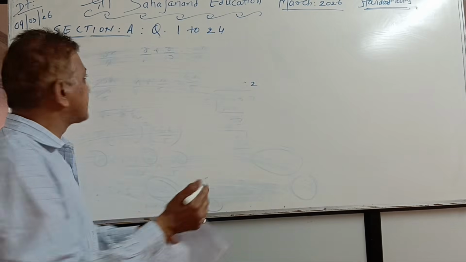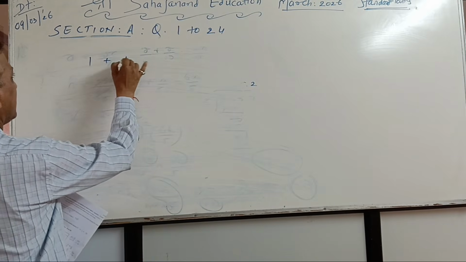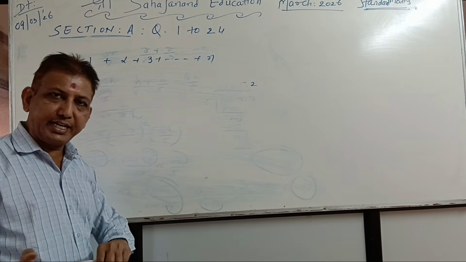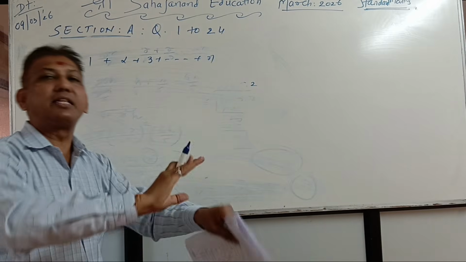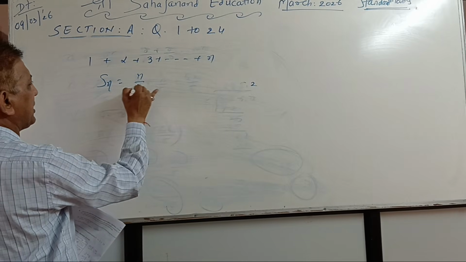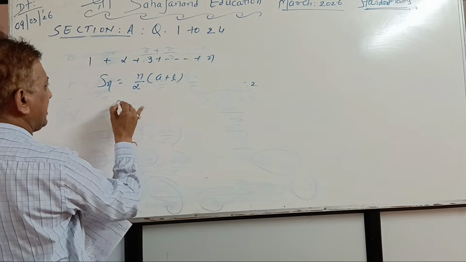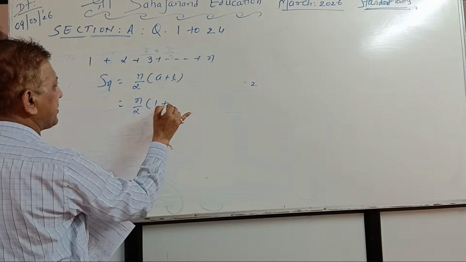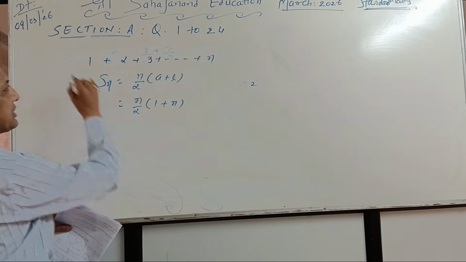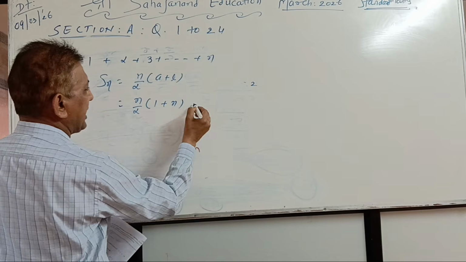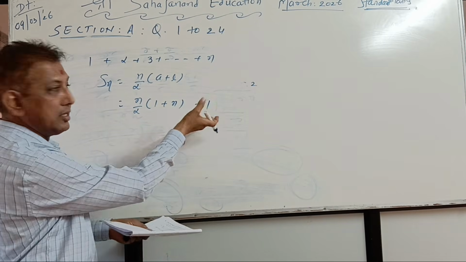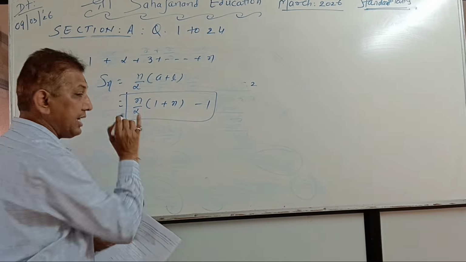But first we find the sum of the first n natural numbers. First we apply the Sn formula, n by 2 into 1 plus n. Is that clear? So the total is as such, and now take the minus 1 because we do not take 1 here. So n by 2 into 1 plus n, minus 1. This is the Sn.